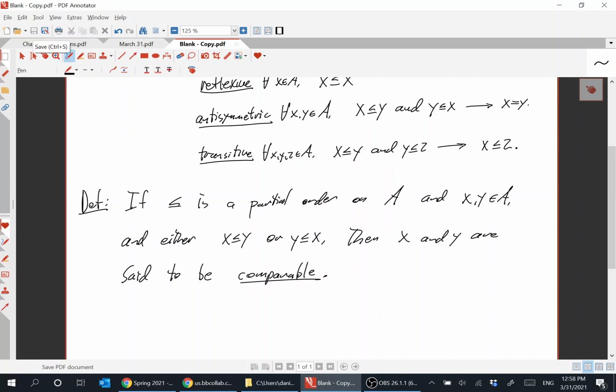Not the English language. What does comparable mean in the English language?